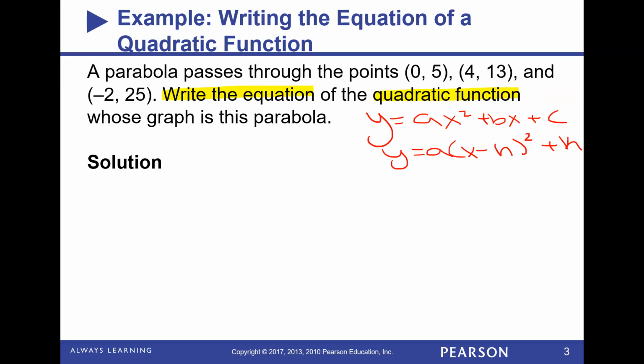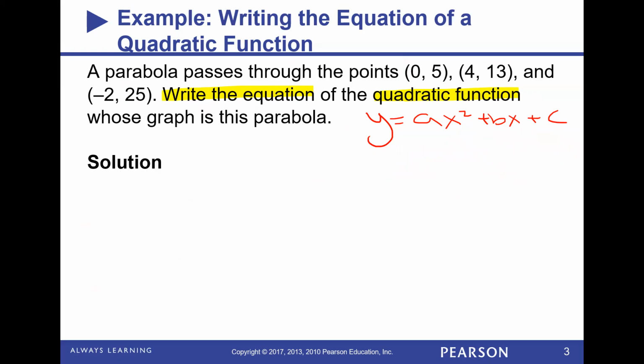And since it says nothing about a vertex, I want to be very cautious and not use the one that has the vertex form. Since I don't know if it's got a vertex or not, and I can't assume any one of these points is a vertex unless they tell me, we don't ever want to look at this. So when in doubt, we only want to look at this one.